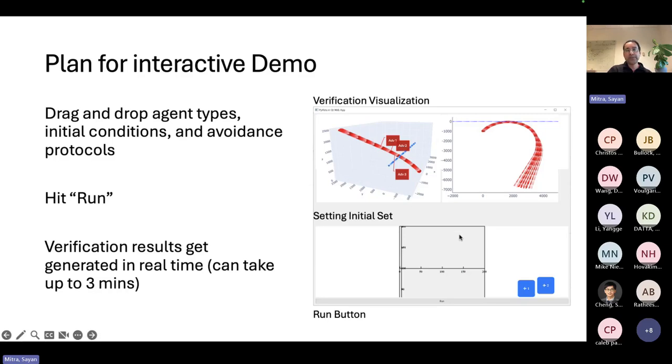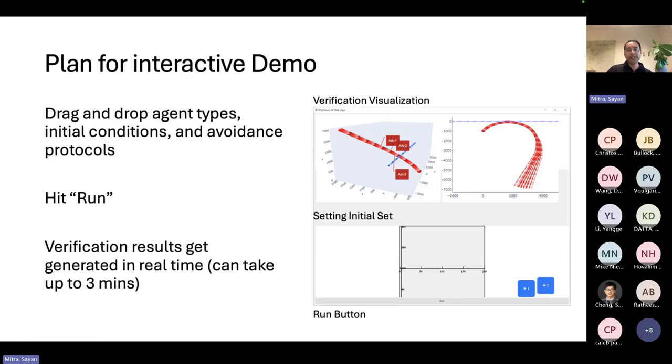And you're also going to be able to set their initial conditions. Okay, so they're 1,000 feet apart, or set their altitudes and initial velocities and so forth using this UI. And then you would hit run. And then the verification results are going to appear instantaneously and incrementally.